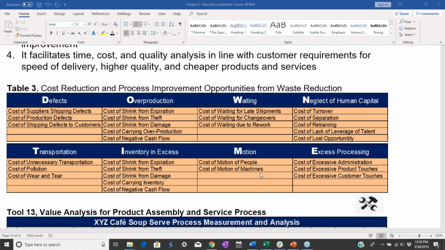Also to defects. Shipping defects to customers, as we see here, could have a staggering cost, because if you ship a defect to a customer, you would have had the cost to convert the product from raw materials to finished goods. Then you have the cost of maybe temporarily storing those finished goods until they're ready to ship.